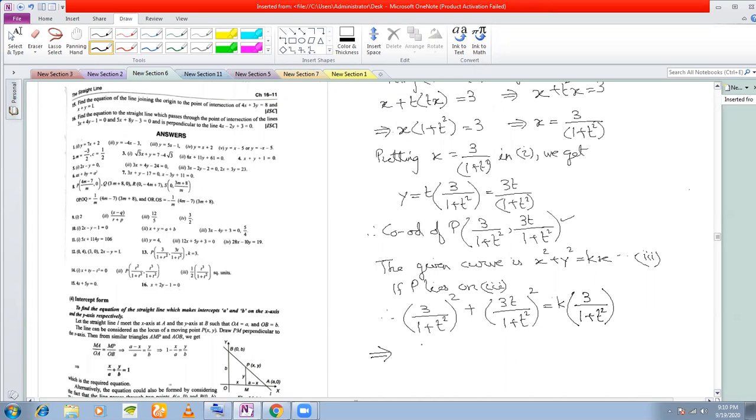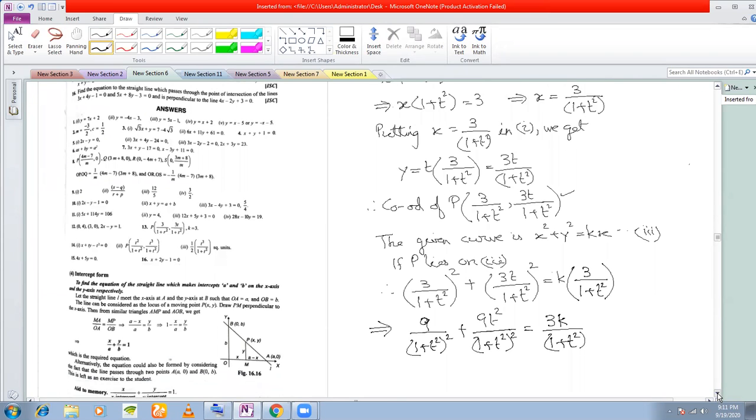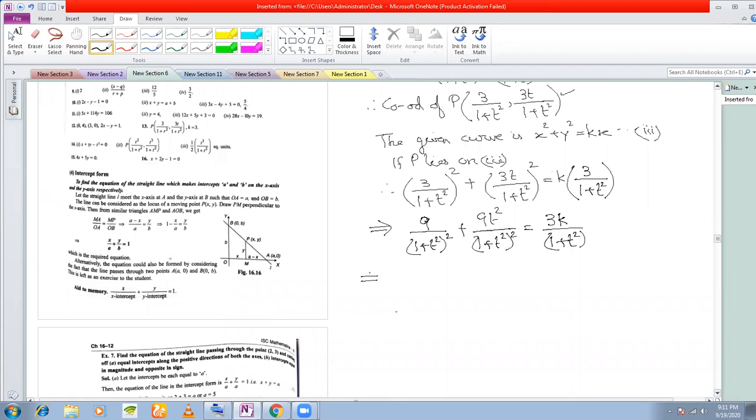Okay. So this gives 9 by 1 plus t square whole square plus 9t square by 1 plus t square whole square is equal to 3k by 1 plus t square. That means from these two, you now can take 9 by 1 plus t square whole square common. So what are you left with?